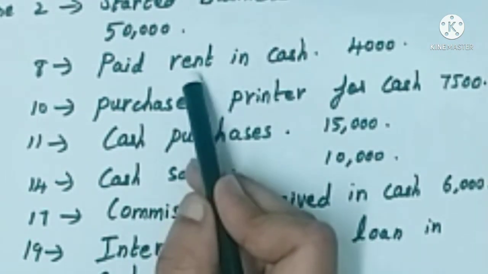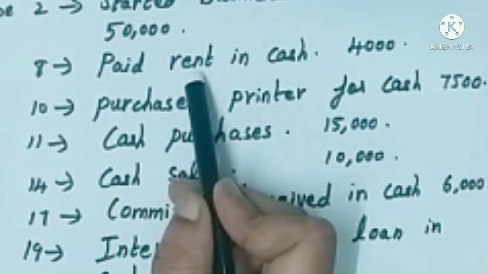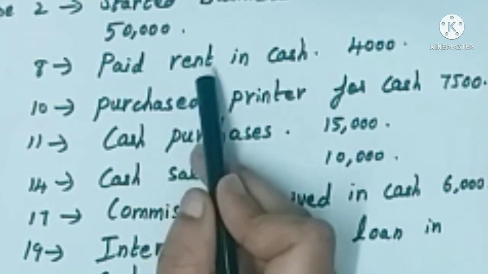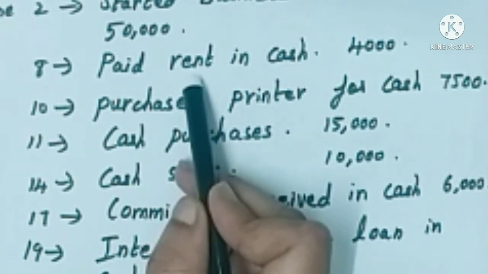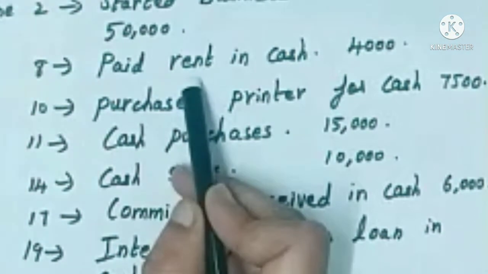Now, we already know that according to the nominal account rule, we have to debit all expenses and losses. Rent is an expense, so we are going to debit rent account. And when you pay rent, what is happening? Cash is going out. In other words, decrease in cash. So, cash account should be credited.